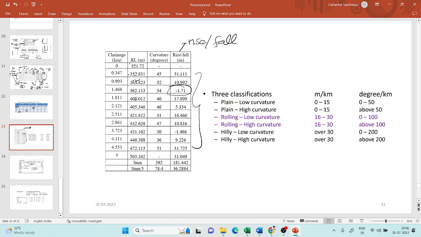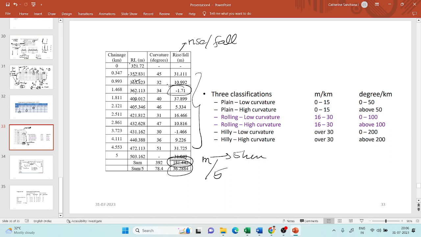This will give me 181 meters. Now it has to be normalized with the distance over which this measurement was made, or with respect to kilometers. So this is for 5 kilometers. I have to find out for 1 kilometer. So divide all this by 5, which will give me 36.28.